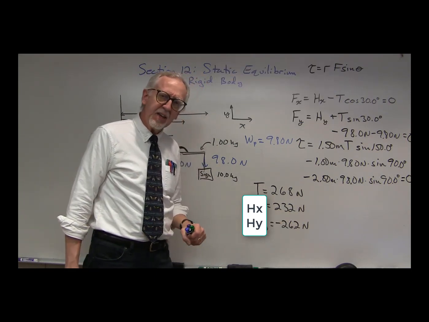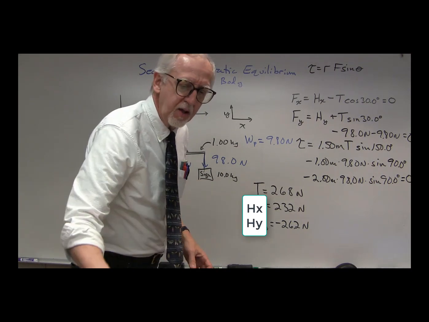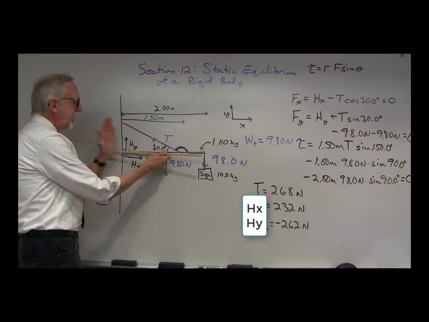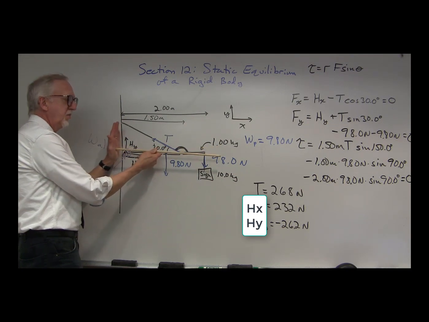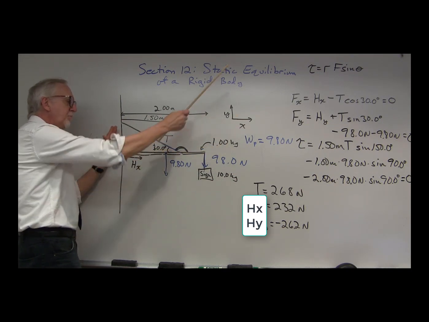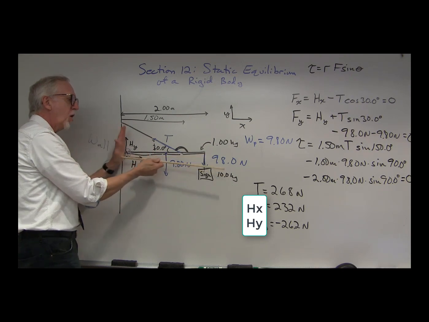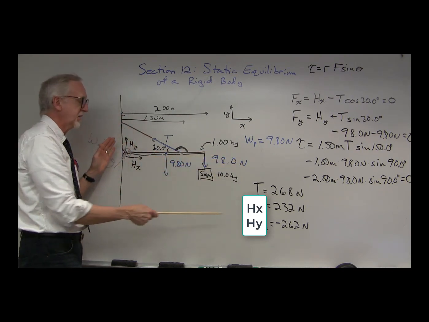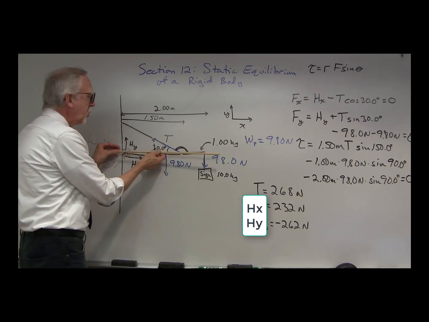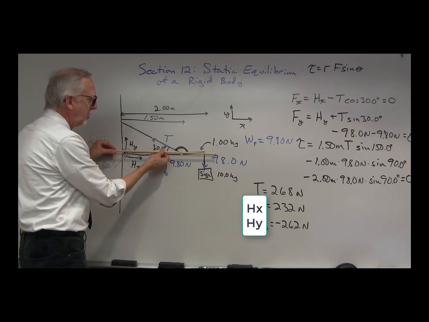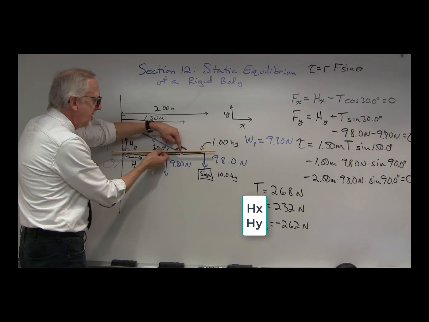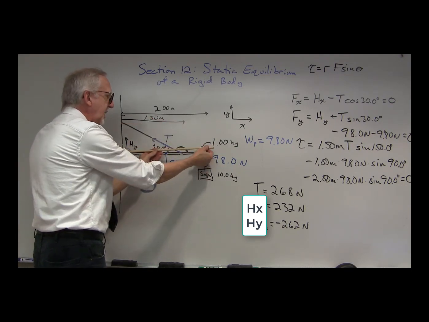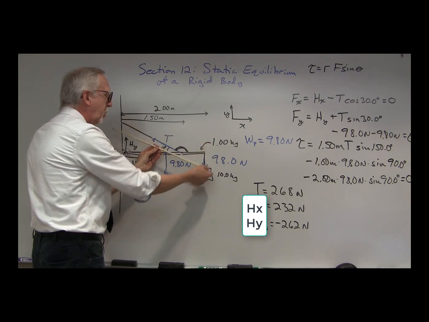Why is that negative? What does that mean? Well, the positive x force means the wall is pushing on the pole. The pole is trying to swing back into the wall, and the wall has to push on the pole in the positive x direction. That makes sense. Why is this negative? Well, think about it like this. Here's the pole, and the weight of the sign is pulling down on the pole this way.